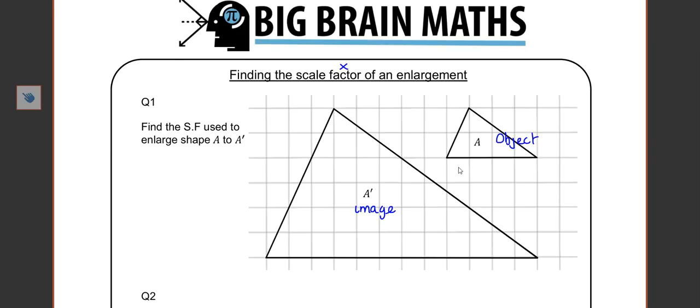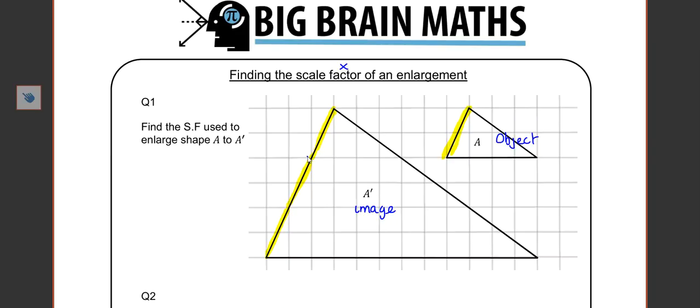So what we can do is say any of the sides, and this is where you might have to add to your notes, maybe you can write it on the sheet, any of the sides, so we can look at that side. I'm not going to measure it, but I know it goes through 2 of those squares. So if I look at this side, I've got one of those, and the second one, and a third one.